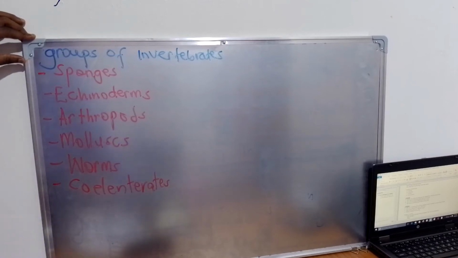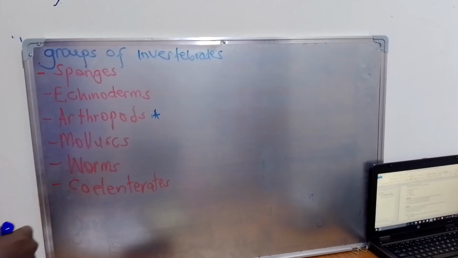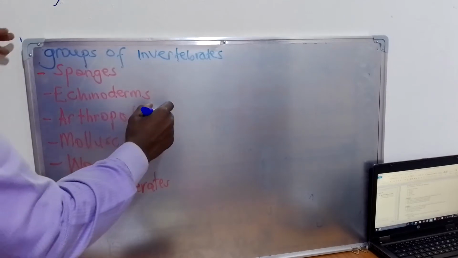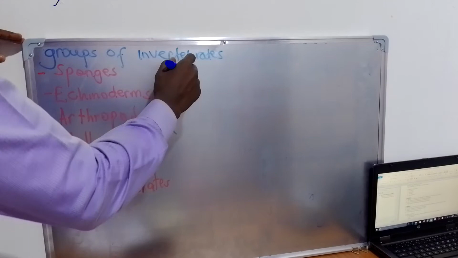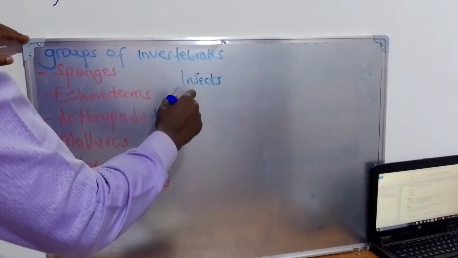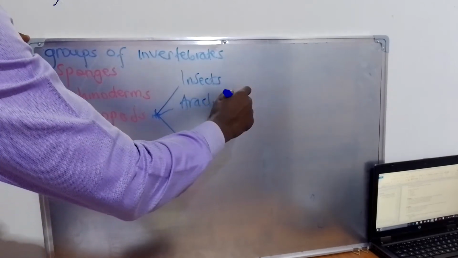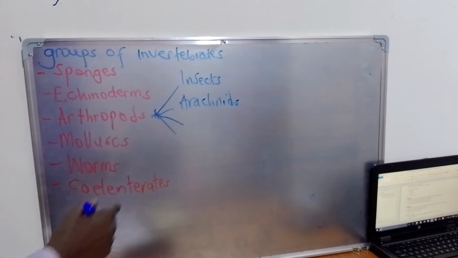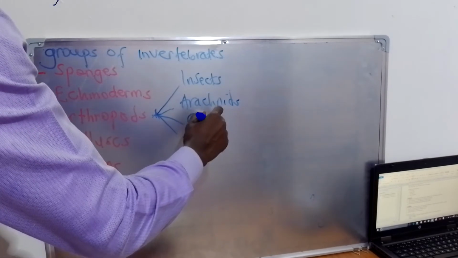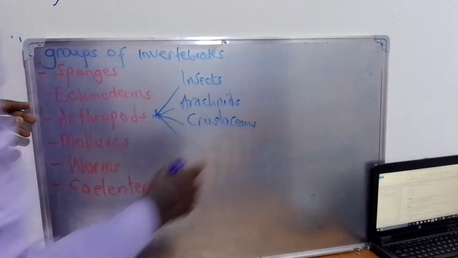So we have seen already great science about arthropods. We have exhausted the groups of arthropods, which include insects, arachnids, and crustaceans.